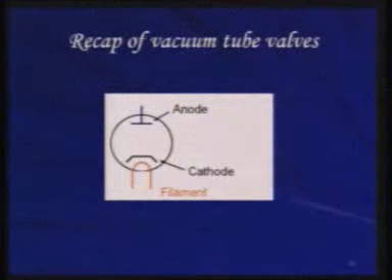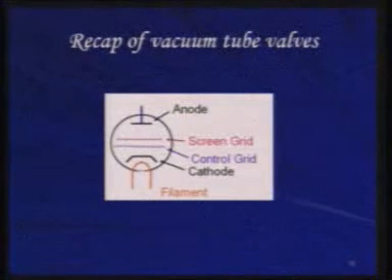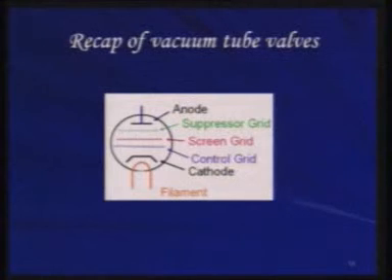You have an anode at positive potential. However, there was no control, so we added a control grid in the case of a triode. But then we got a problem of stray capacitance, so we added a screen grid. But then because the screen grid was at a positive potential, we got a problem of the secondary electrons being eaten up by the screen grid, giving rise to a negative resistance device. So we added a suppressor grid and formed a pentode.